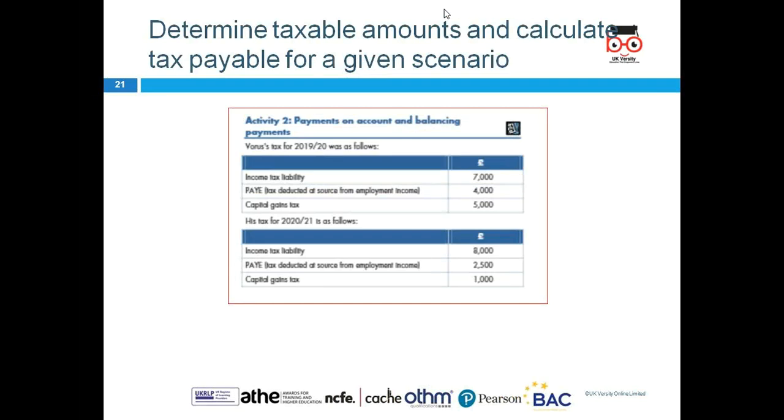Okay, determine the taxable amount and calculate the tax for the given scenario. So can we look at the scenario we've been given, 1.2? We've been given income tax liability 7,000, tax deducted at source from employment income 4,000, and capital gain 5,000, tax for 2021.